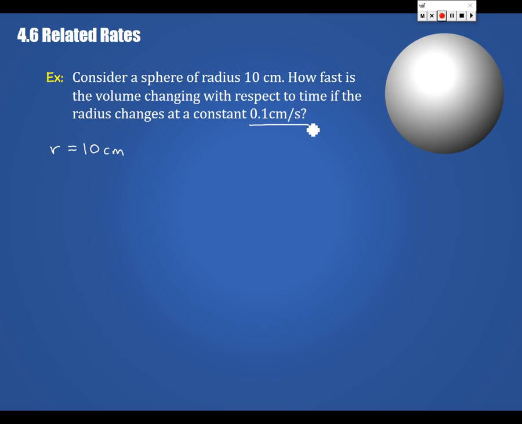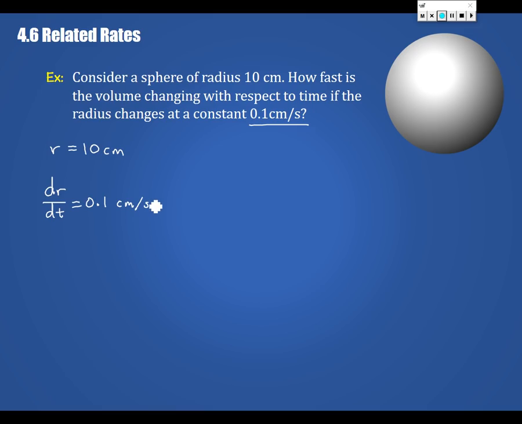What would we call that? We're in calculus class, remember. That is the instantaneous rate of change of the radius with respect to time. Yeah. How about dr dt? Is that what you were going to say, Haley, too? Dr dt is 0.1 centimeters per second.